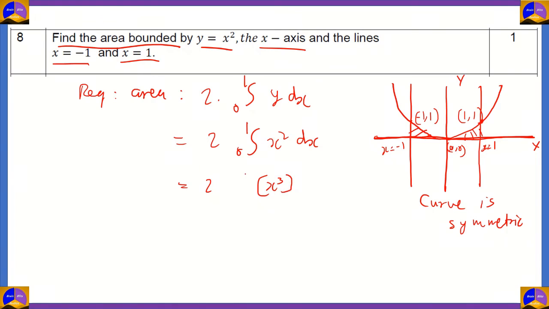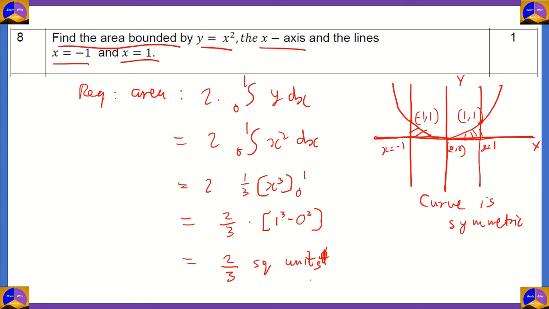I'll take 1 by 3 outside, and the limit is from 0 to 1 again. Now I'll multiply these two, so you get 2 by 3 times 1 cube minus 0 cube. 1 cube is still 1, so the required area is 2 by 3 square units.